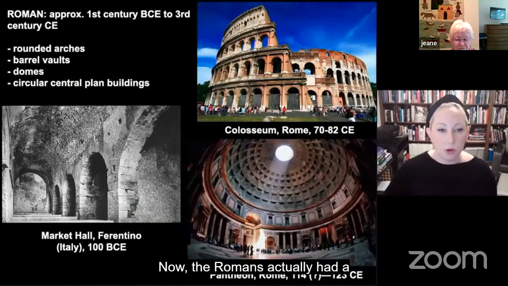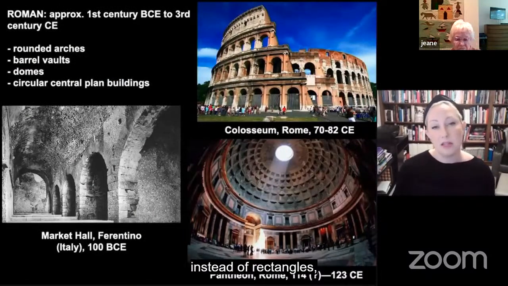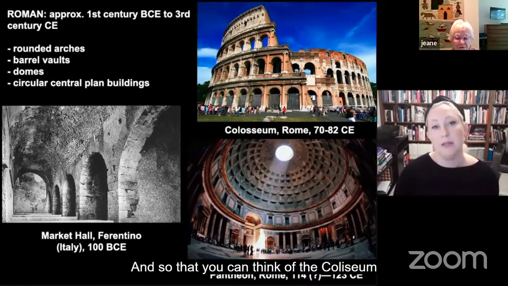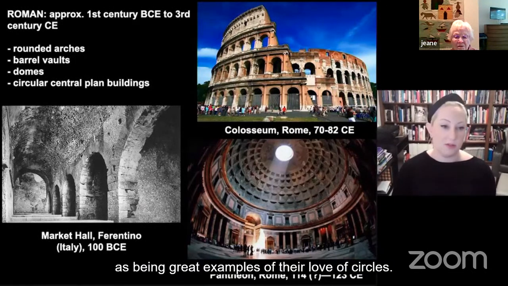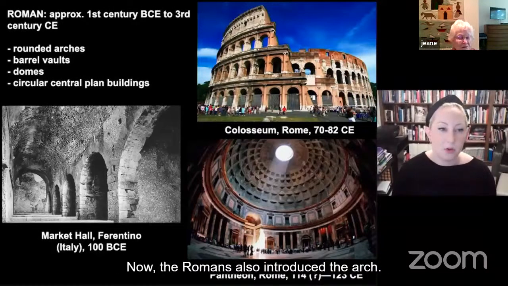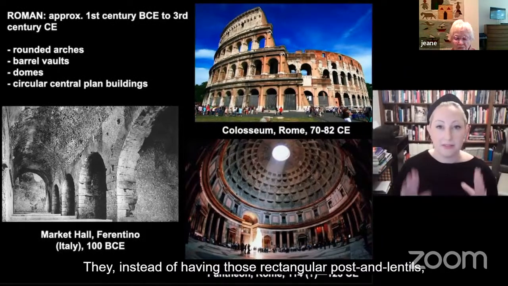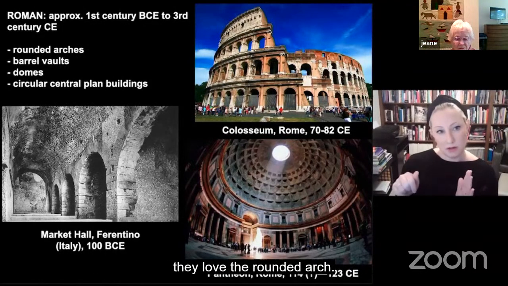Now, the Romans actually had a different preferred architectural style. Instead of rectangles, they really loved circles. And so you can think of the Colosseum and the Pantheon in Rome as being great examples of their love of circles. Now, the Romans also introduced the arch. Instead of those rectangular post and lintels, they loved the rounded arch.